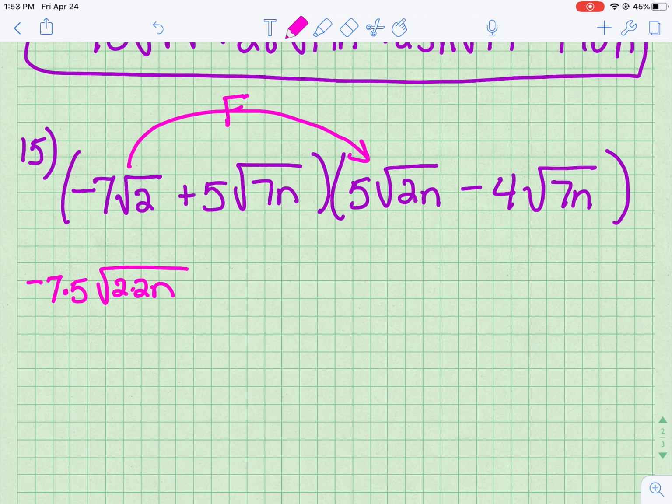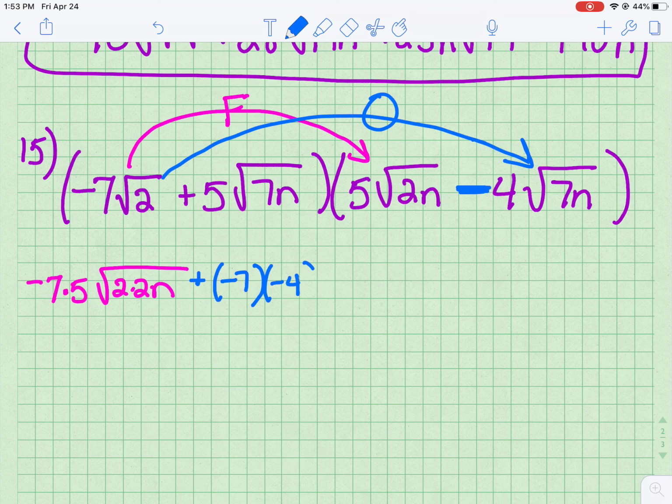Then I'm back to FOIL. So now I'm going to do the outside times the outside here. So that's my O. Again, -7. Now be careful, there's a negative, this is a -4. Okay? So that's going to be -7, I'm putting them in parentheses just to keep them separate, times -4.